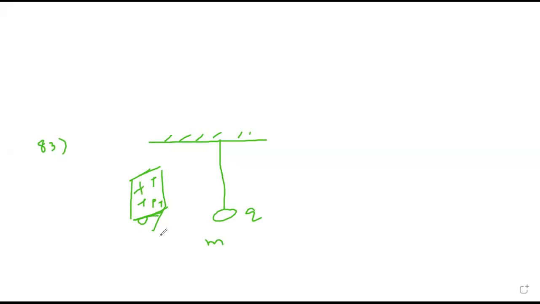The angle made by the thread with the vertical in equilibrium is.